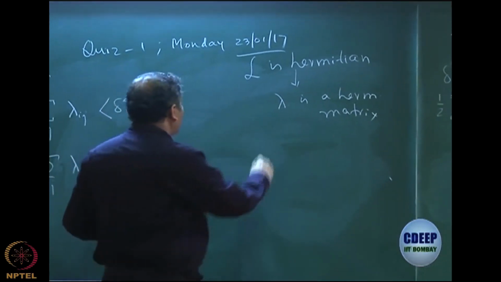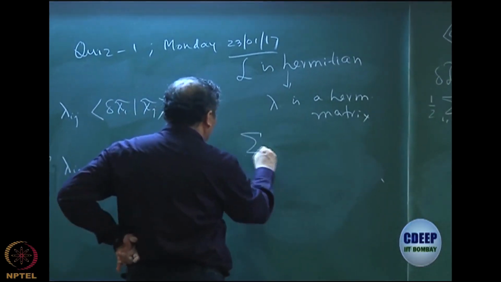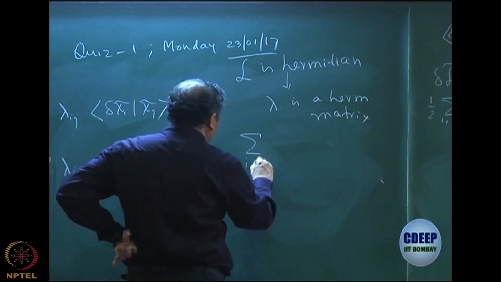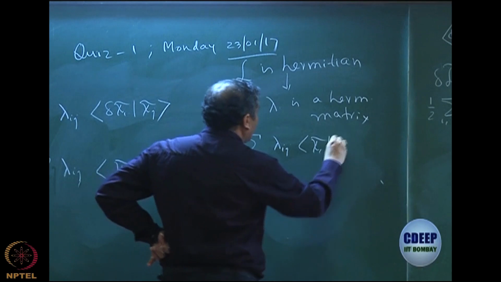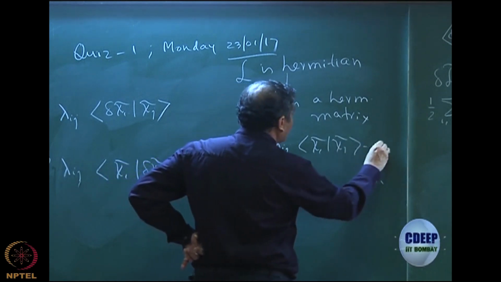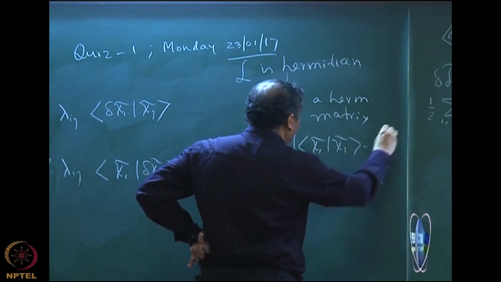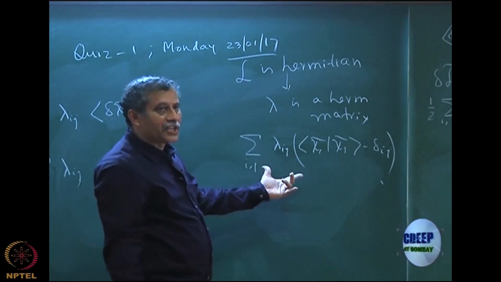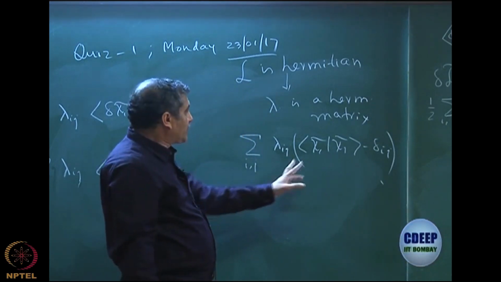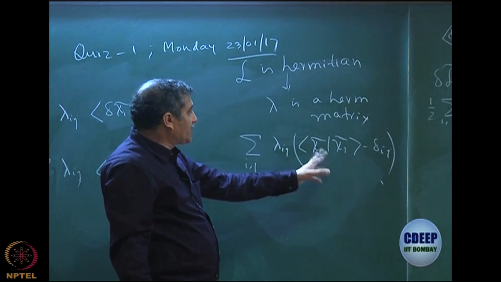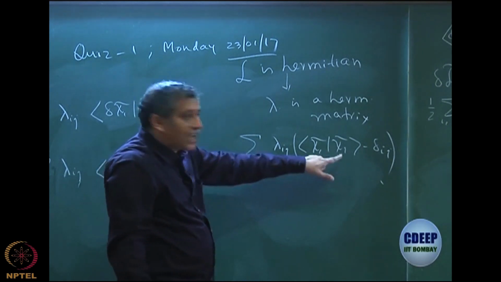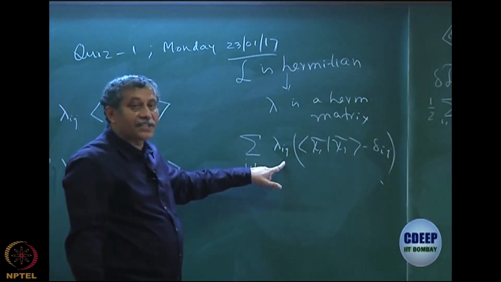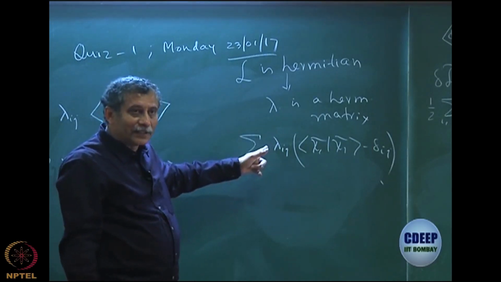I hope that is very clear, because you look at the Lagrangian. What was the Lagrangian? This part was sum over ij, lambda ij, chi i tilde, chi j tilde, minus delta ij. If this has to be Hermitian, you can see that I can always interchange this part for a dummy variable, no problem. But when I interchange ij, this lambda will become lambda ji dagger, right?